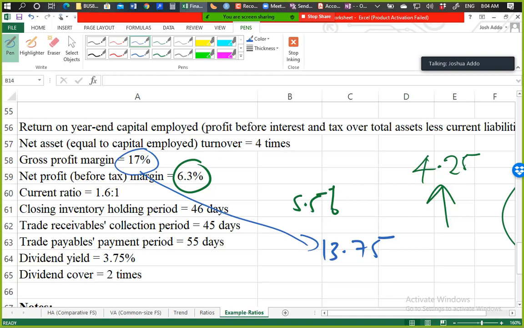That's why you are using words like the company has not performed well. The company is decreasing in this performance. So you say the company has performed worse with respect to gross profit margin this year because the gross profit margin has decreased from 17% last year to 13.75% this year.